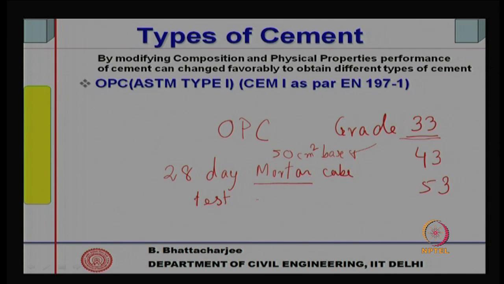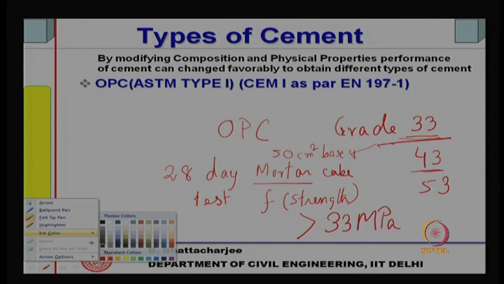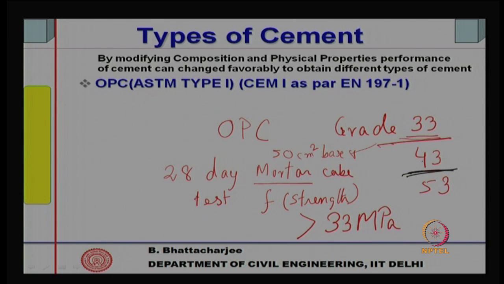When you do it, if the strength is greater than 33 MPa, then you call it grade 33 cement in the Indian context. Similarly, when the 28 days standard mortar cube strength is more than 43 MPa, you call it grade 43, and if it is more than 53 MPa, then you call it 53 grade.